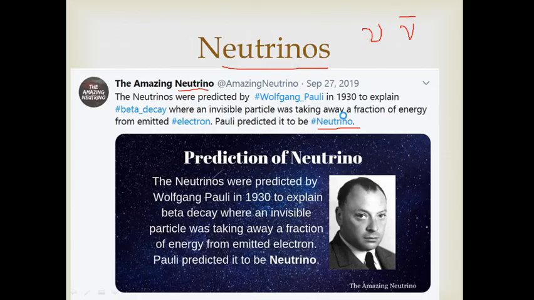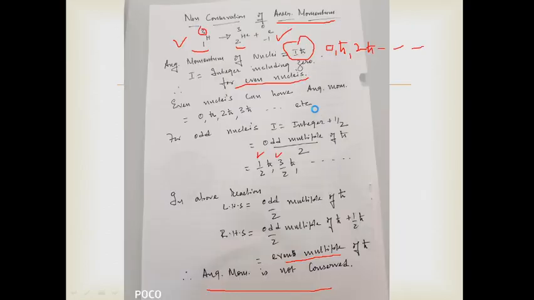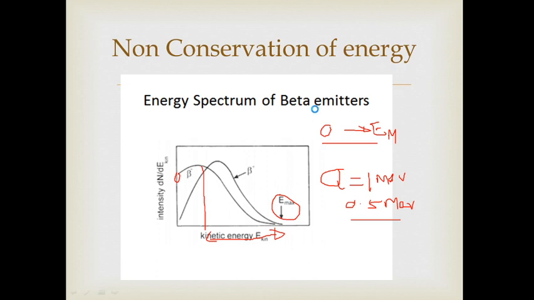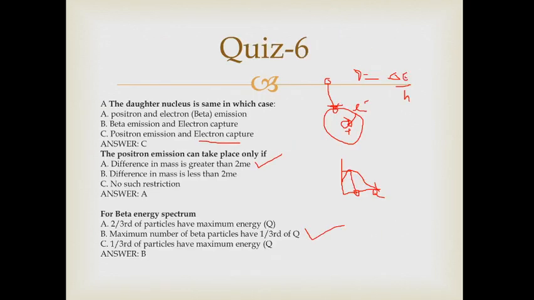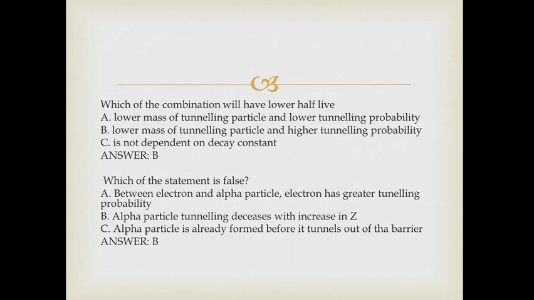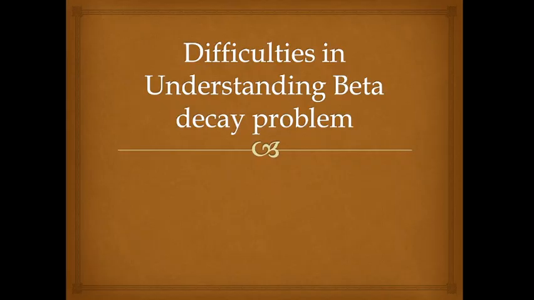So dear students, to sum up, what we discussed today was the difficulties in understanding the beta decay processes. The difficulties, as we have seen: conservation of energy, conservation of linear momentum, conservation of angular momentum were not satisfied in a beta decay process prior to 1930. That was a big problem, and that was something which people could not solve.